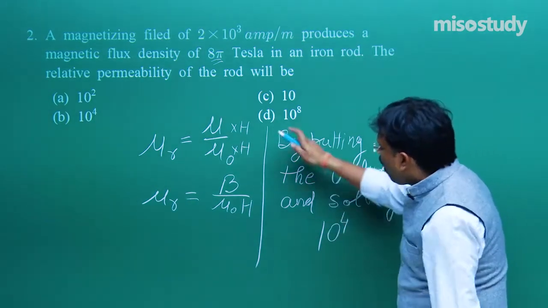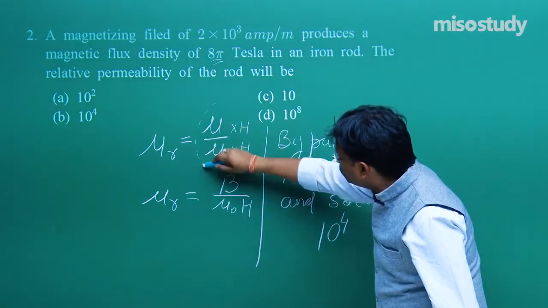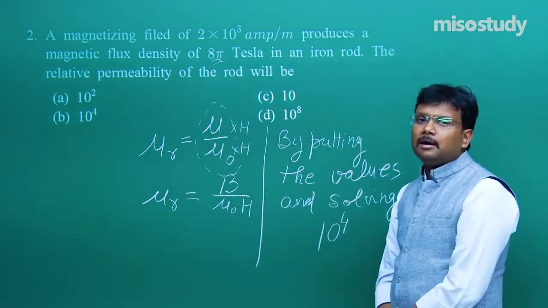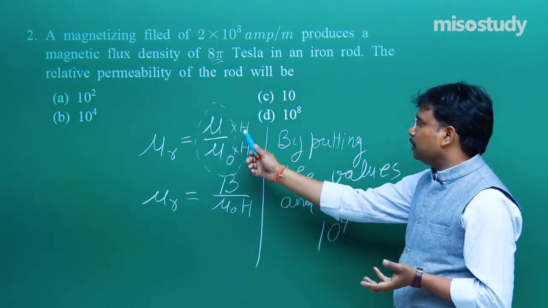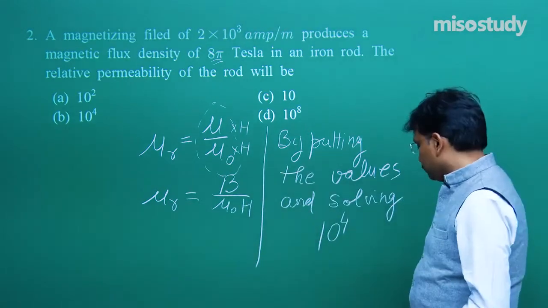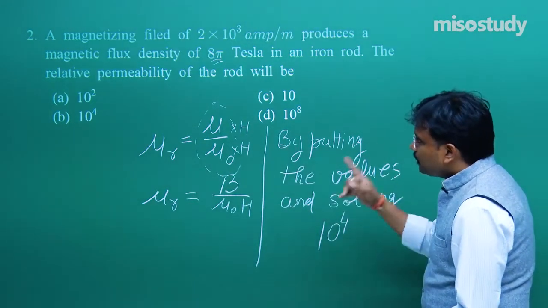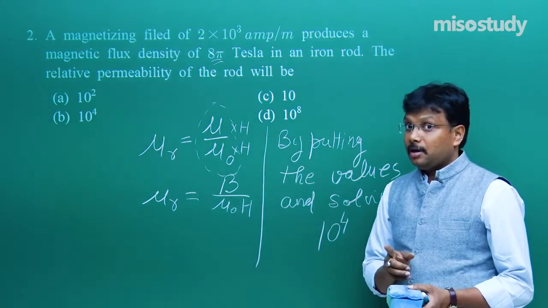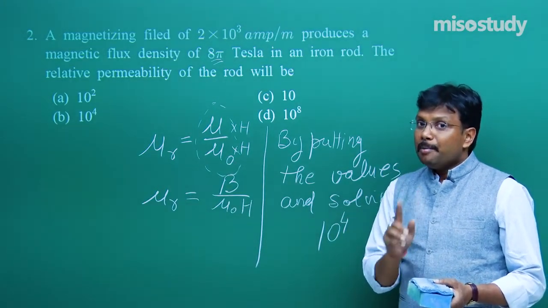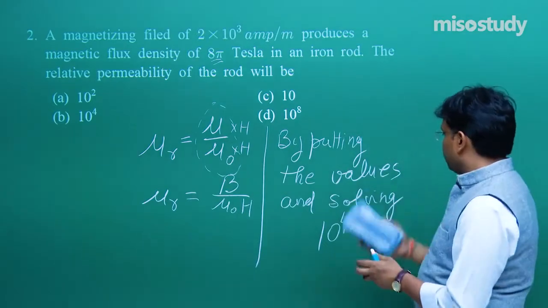Here the only point is that you should remember this result. After that, multiplying the numerator and denominator by H and then putting the values is simple. Fine. So here in this question, once again, what is the important parameter? The basic formulae must be at your fingertips.